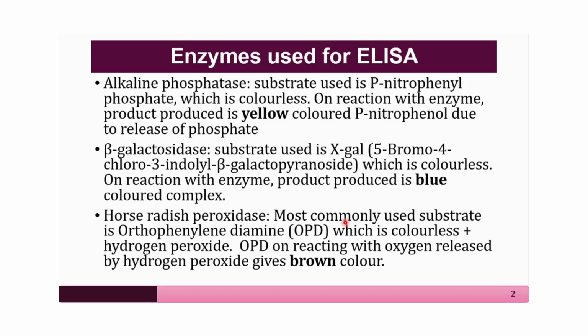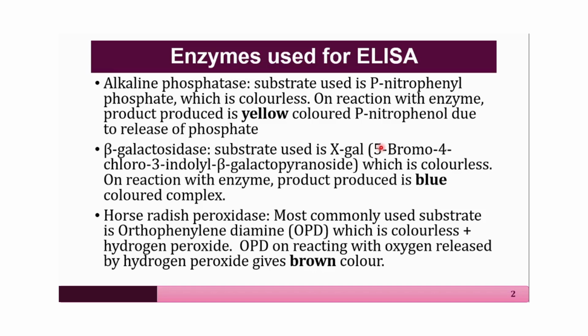So these three common enzymes which are generally used for labeling the antibodies are found in different types of kits that are produced for the detection of antigen or antibody by adopting the ELISA technique.